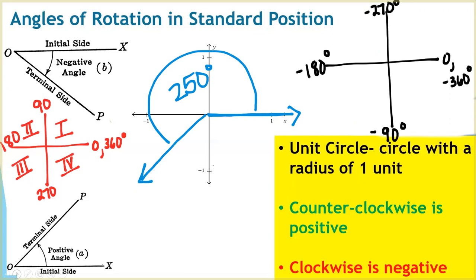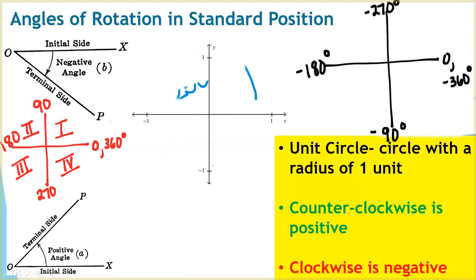So if you were asked to sketch an angle that was negative 60 degrees, your initial side will always be here. This is always your initial side. But for a negative 60 degrees, that's actually going to be in quadrant 4.